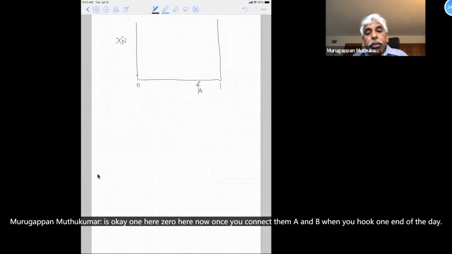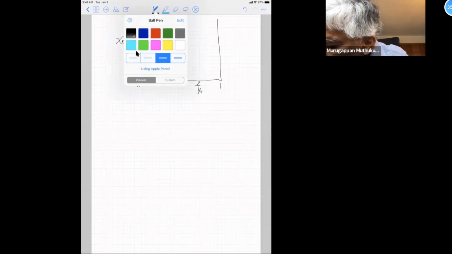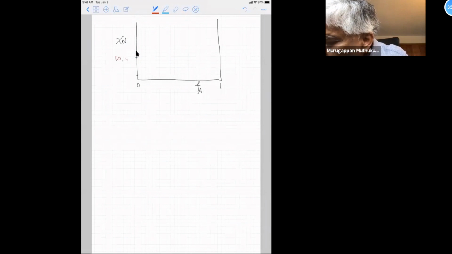Now, once you connect them, when you hook one end of A with one end of B, you get a diblock, same chemistry, but I make a diblock. Then what happens is chi N critical is not 2, but it jacks up to 10.5, somewhere here, instead of 2.